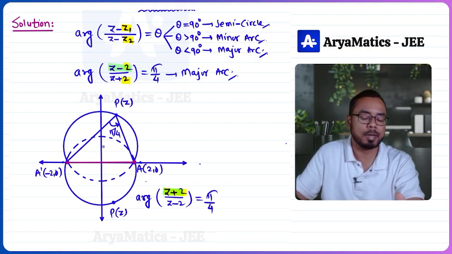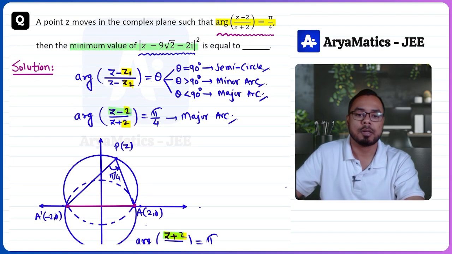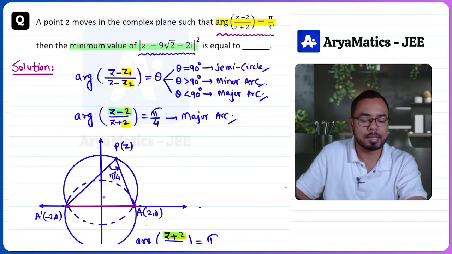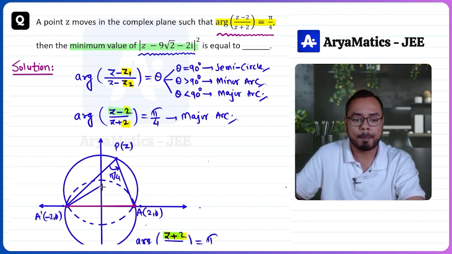Now the question is how to find the center and the radius of this one, and also this is the given point z, 9 root 2 minus 2 iota. So first let us find the center and radius of this circle. Here, using geometry you can easily get the center and radius. Let us say this point is the center of the circle.